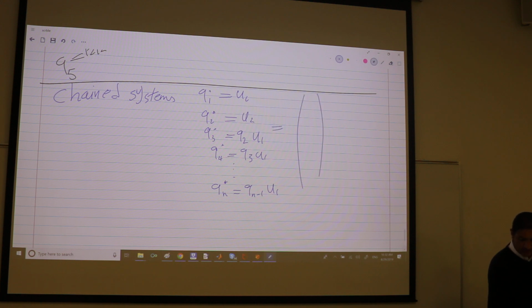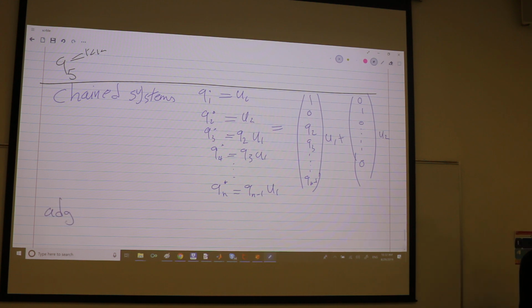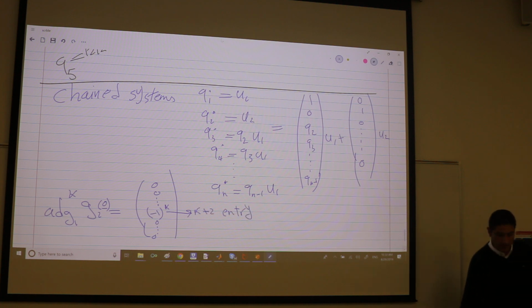So in our language, this is 1, 0, but then all the states ordered. So this is Qn minus 1. And the other one is just 0, 1, and all zeros. So you can see right away that the kth order Lie bracket between G1 and G2, at the origin, is 0, 0, all the way here, negative 1 to the k, and zeros. And this is the k plus 2 entry affecting Q k plus 2.